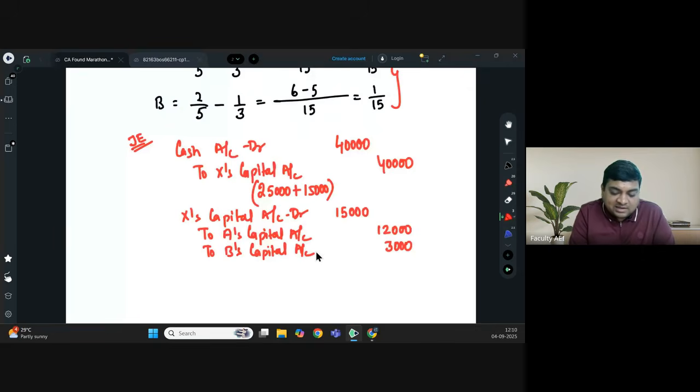So the excess capital account is debited to A's capital account and B's capital account.